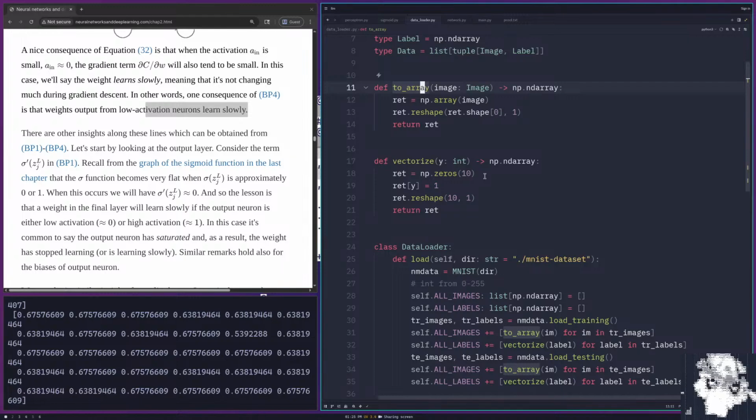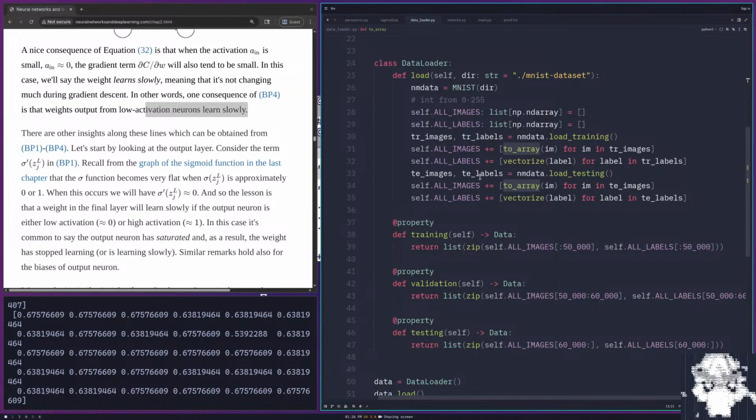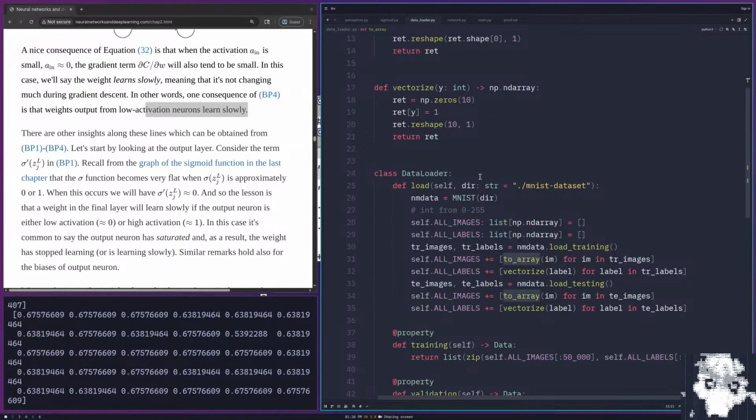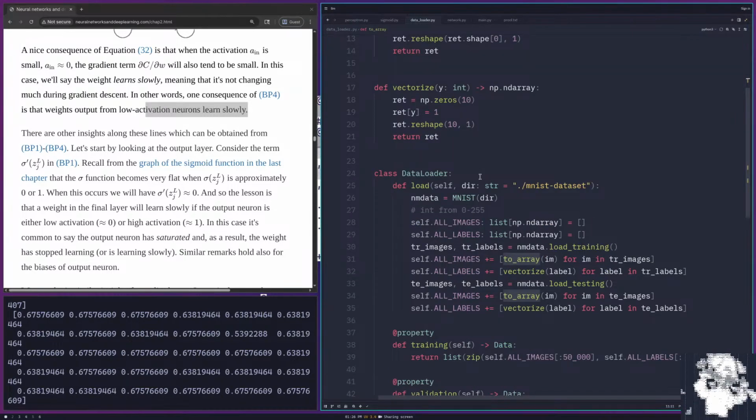But how can that be? Because I'm vectorizing them.